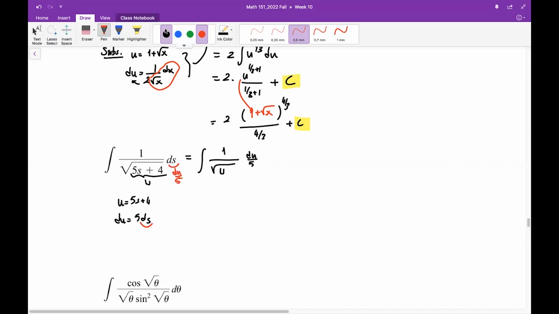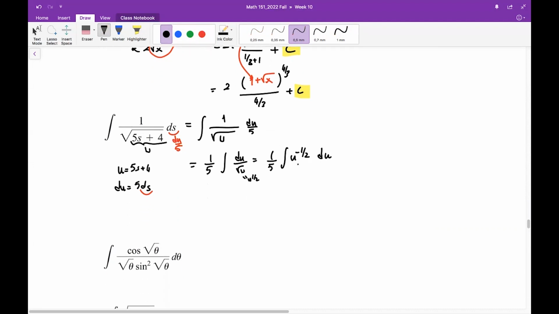So your integral looks like this now, which we can handle, right? du over square root of u. This is 1 over 5 integral of, what is this? This is u to the power 1 over 2, and if you write it as a power function, you need to put a minus sign because you are taking it to the denominator, du.